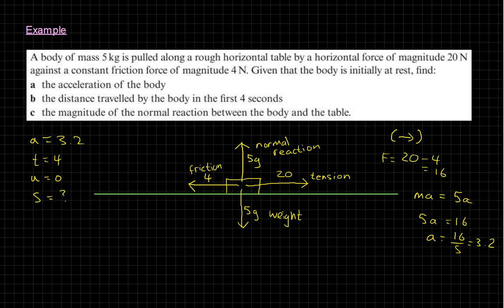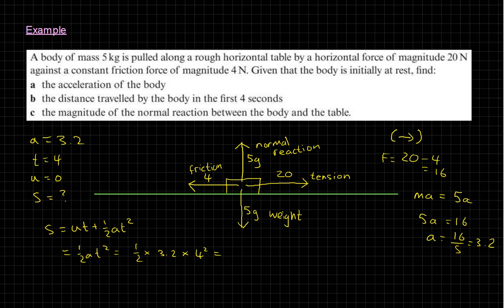We're just doing our usual s equals ut plus a half at squared, which is equal to, well, u is 0, so that's nice, it just becomes half at squared in this case, which is going to be a half times 3.2 times 4 squared, and if you work that out, it comes to 25.6 meters in this case. So B is just SUVAT really, using the acceleration you've already been given.